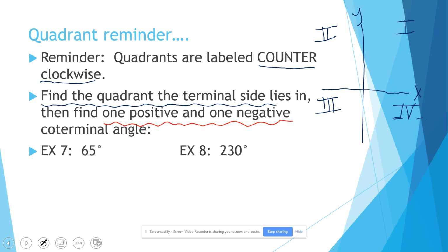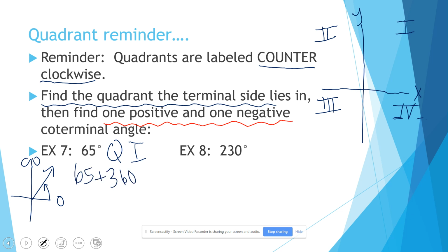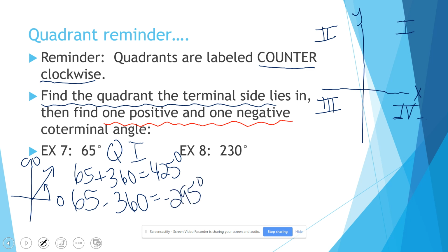65 degrees is positive. We are 0, 90. So 65 degrees would have a terminal side here in quadrant 1. 65 plus 360 gives us 425 degrees. 65 minus 360 gives us negative 295 degrees.